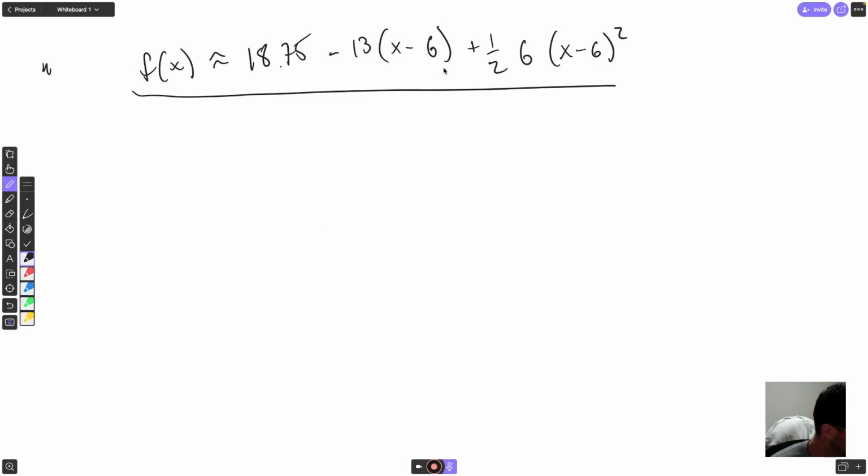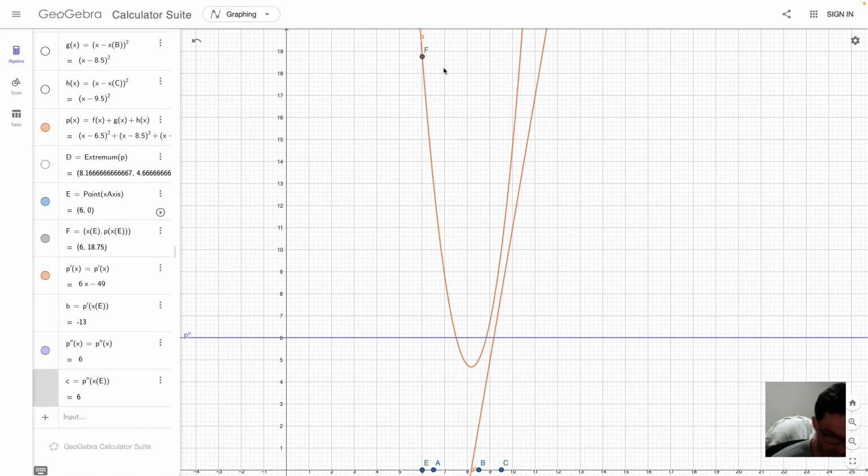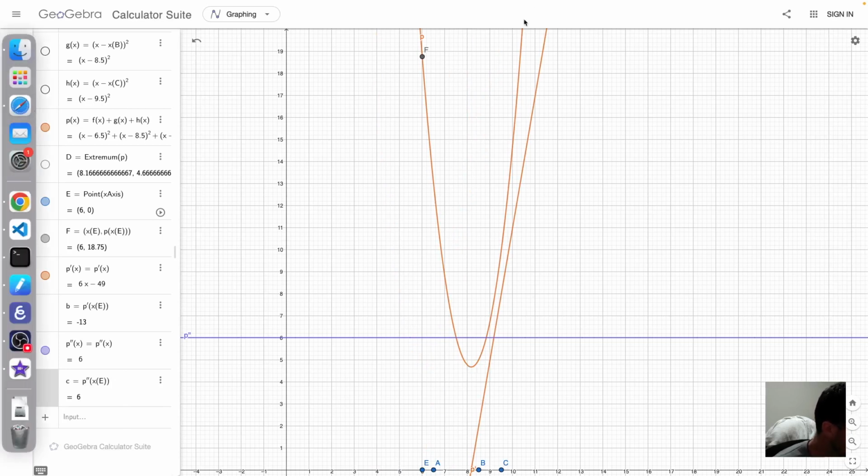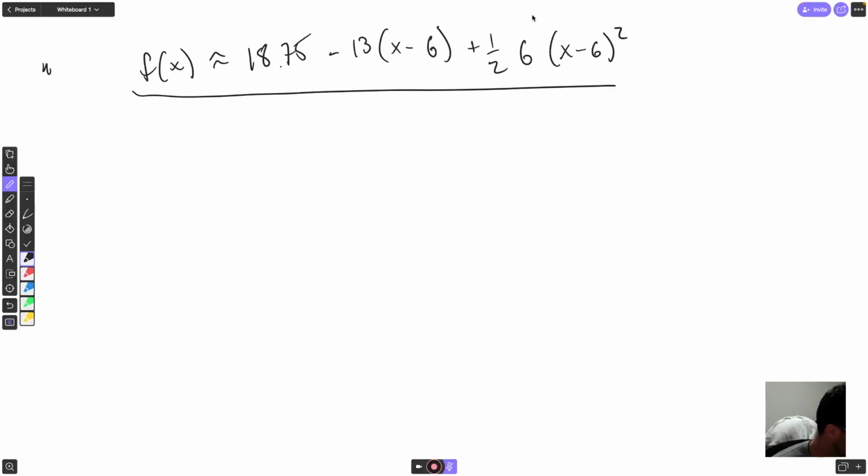What we want to do is solve for the x value of the minimum. So we want to take the derivative of the function and set it equal to 0. The derivative of this function: this term will go away, and we're left with negative 13 plus 6x.